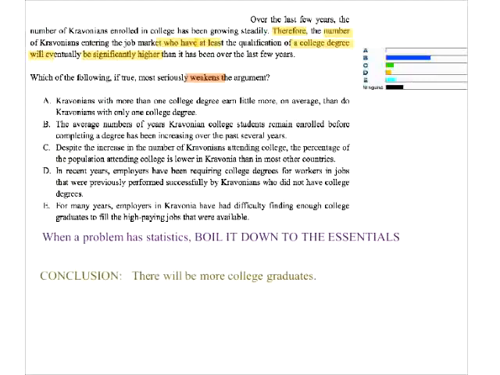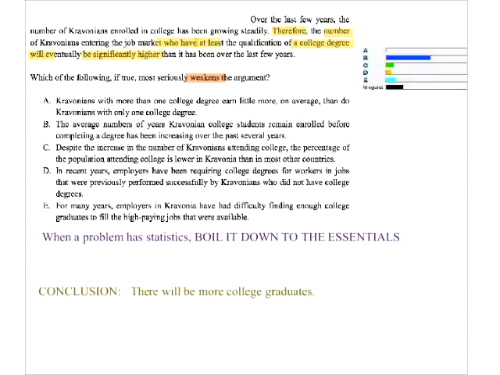I mean, entering the job market is not something we really have to worry about, because that's by definition what college graduates do: they enter the job market. So how about that? But the premise of this argument is that the number of students enrolled has been going up.